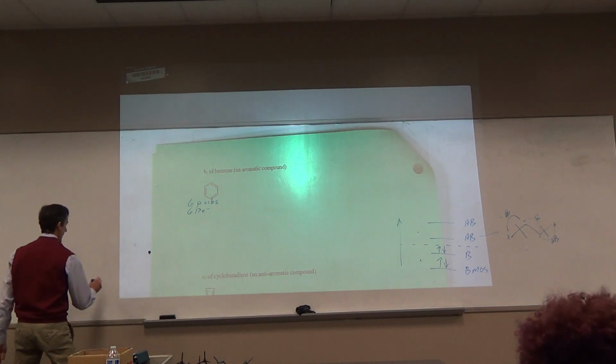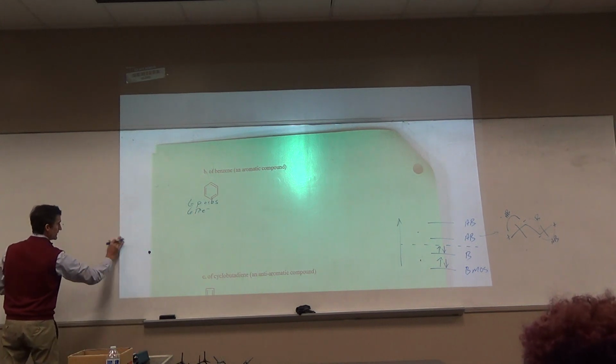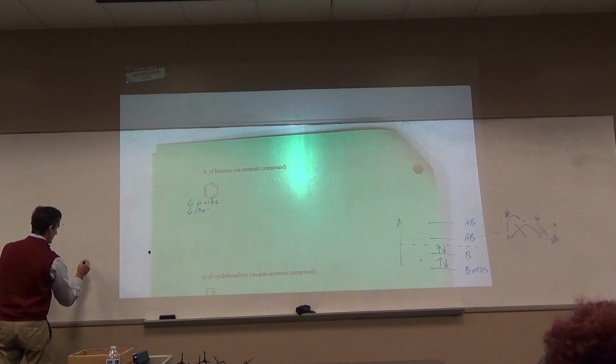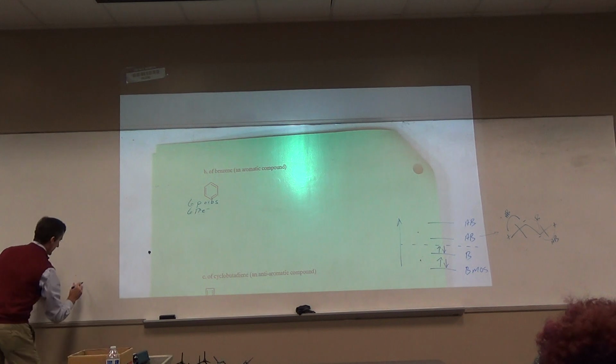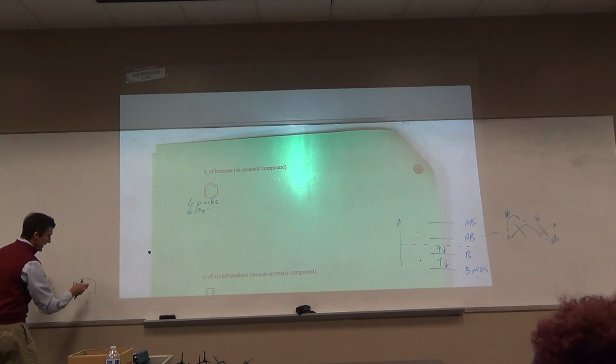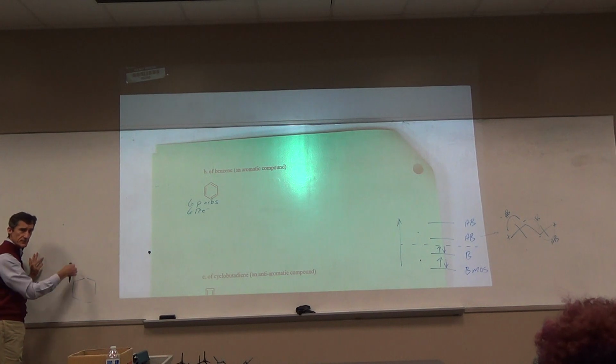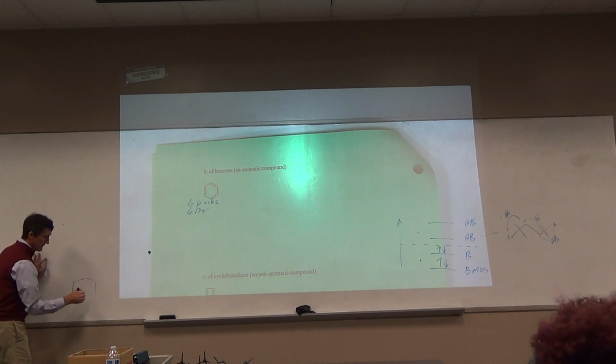Okay. I'll try to draw the actual MOs here. I'm going to draw just the framework. I'll start kind of low. I could draw all these orbitals again and put a sign in each, but instead I'm just going to put a sign. Okay, p orbital.